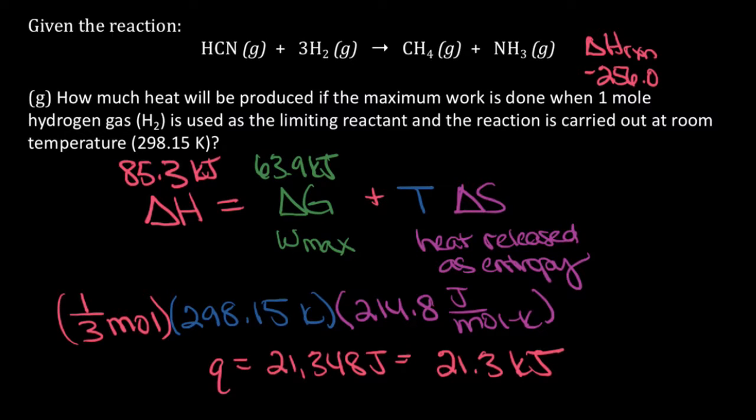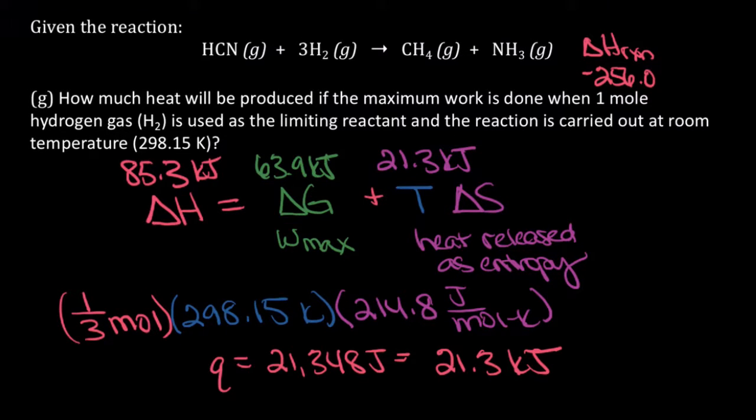And then here we found that the entropy change that must occur is 21.3 kilojoules. Alright, so say a reaction was going to power something, 85.3 kilojoules would be released, but only 63.9 kilojoules could be used. 21.3 kilojoules has to be released out into the universe as an increase in entropy.